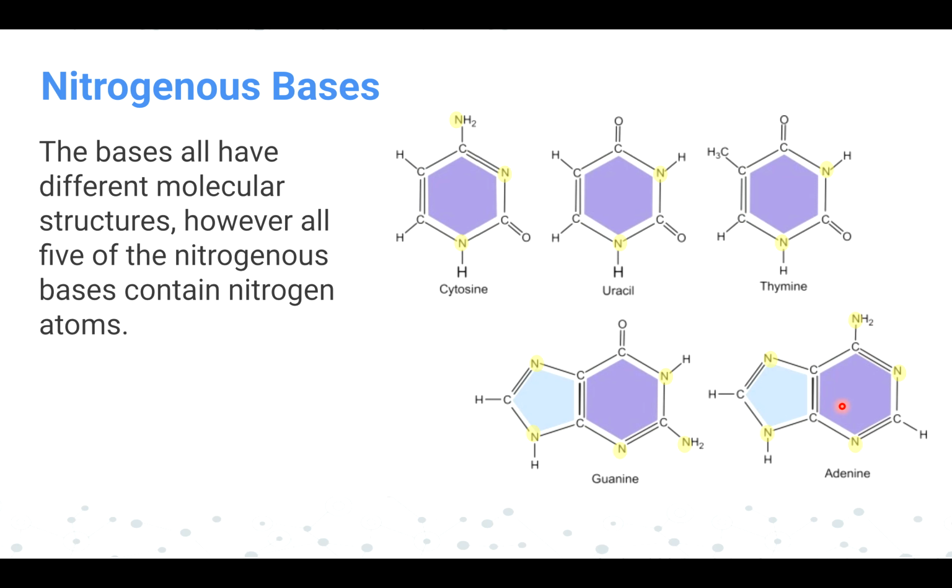So we know that A binds with T, right? Let's try to find how many bonds they are going to make. There are 2 oxy groups in thymine, which means there is a possibility of making 2 hydrogen bonds. In guanine and cytosine, there are 3 possibilities.